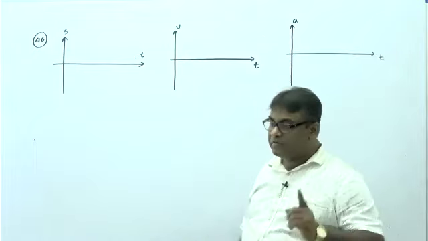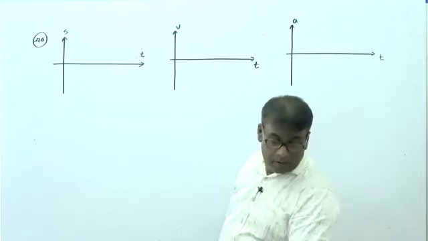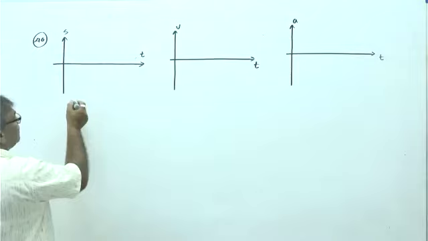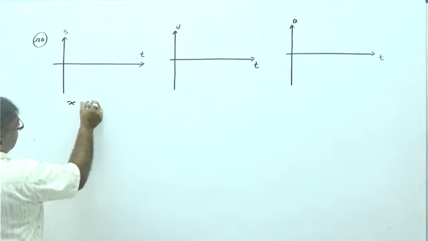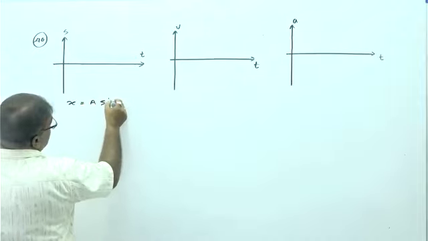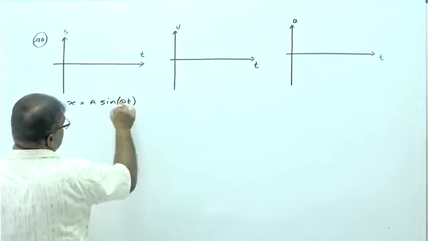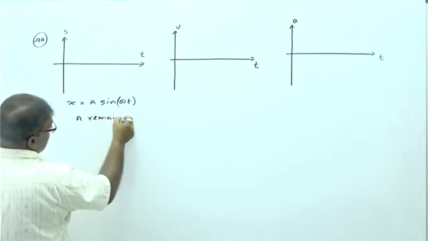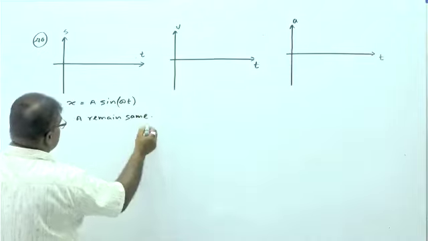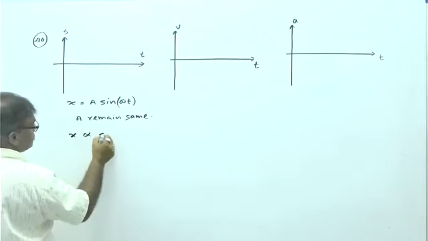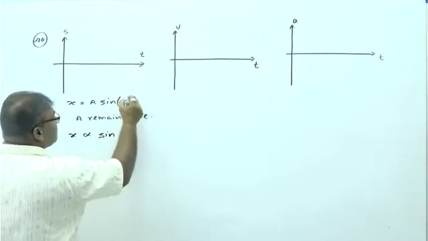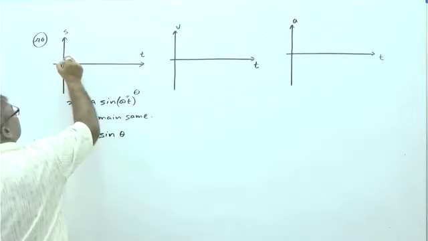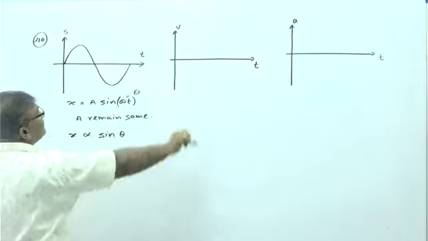Right. Can you check the first one, number 40? The displacement time graph. Displacement is related to this equation, x = A sin ωt. A remains the same. x is directly proportional to sin θ, as this one is θ. The sin θ variation is a sinusoidal curve like this.